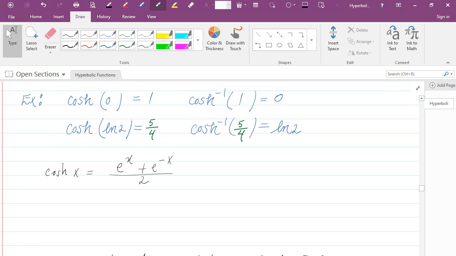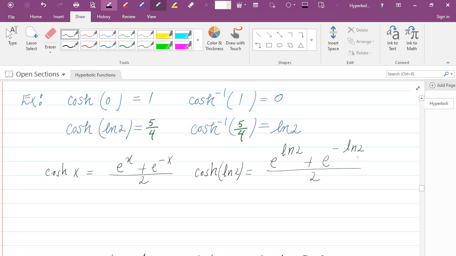Now hyperbolic cosine of ln of 2, what's that? Well, that's going to be (e to the power ln of 2 plus e to the power minus ln of 2) divided by 2. Now the point here is that e to the ln of 2 is just 2, and e to the negative ln of 2 is actually half.